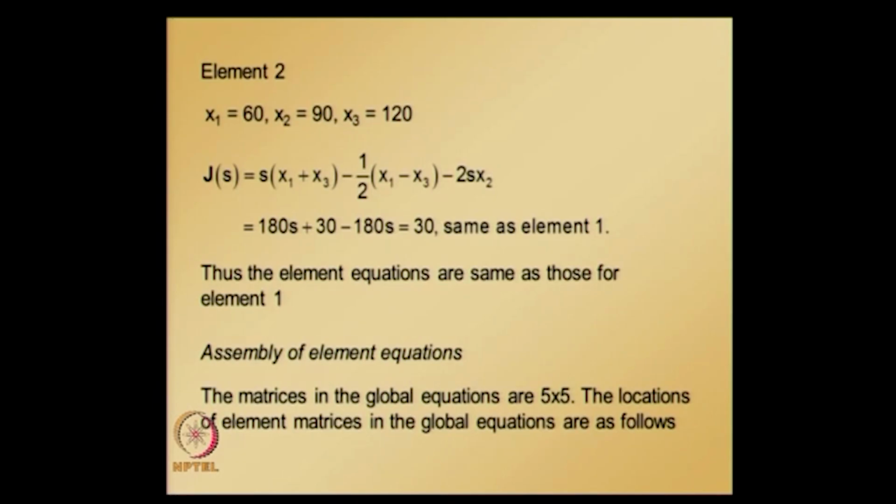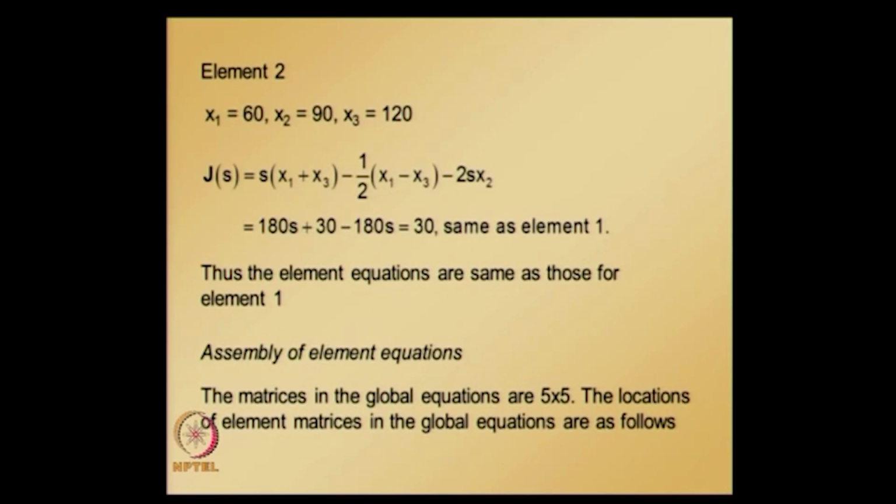Element 1 contribution goes into 1, 2, 3 rows and columns, because element 1 comprises of nodes 1, 2, 3, and element 2 contribution goes into 3, 4, 5 rows and columns, because element 2 comprises of nodes 3, 4, 5. So, the matrices in the global equations are 5 by 5.